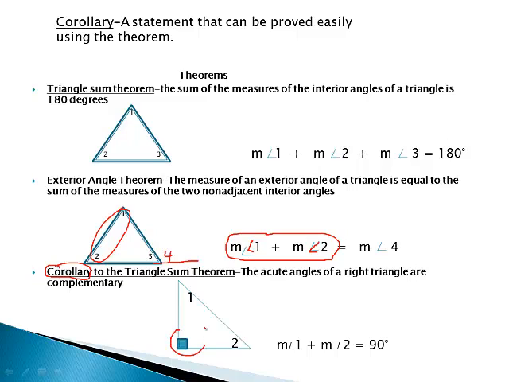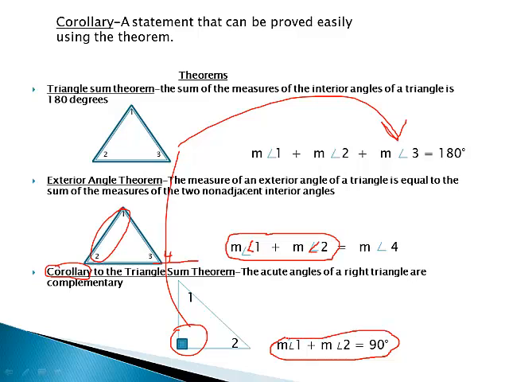For example, this guy here would be 90 degrees. We could substitute that in here and use a simple substitution and then a subtraction to show that the two acute angles are going to add up to 90 degrees, or they're complementary. And that will always occur in a right triangle.